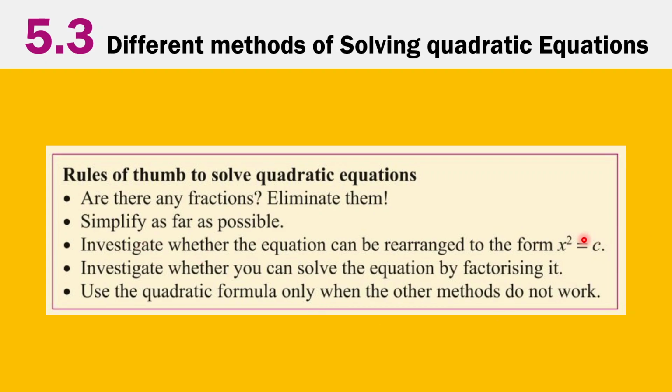Can I rearrange this to this form? If so, use x squared equals c. Then investigate whether you can solve the equation by factorizing it, right? Can I use the product sum method, for example? If not, then use the quadratic formula, only when the other methods do not work, okay?